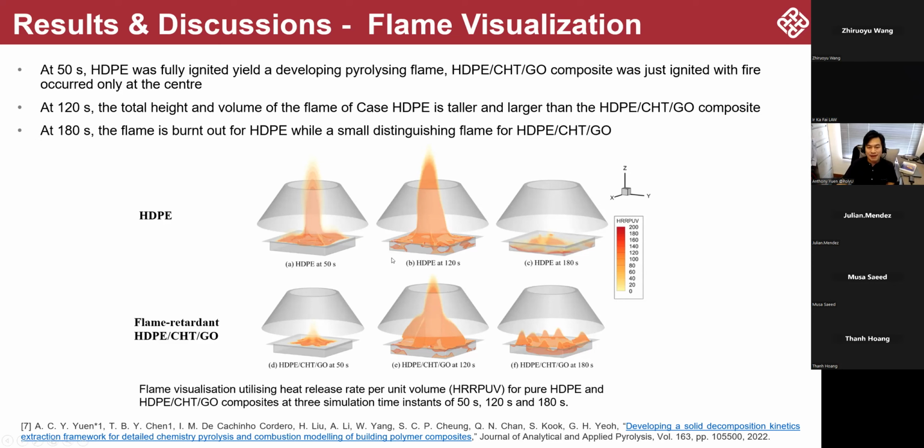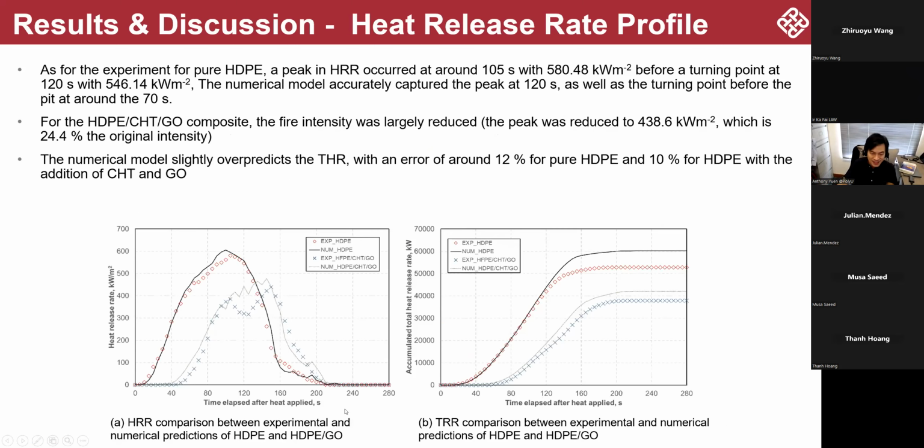But anyway, we find that the polyethylene will burn out quicker. You can see at 180 seconds it's almost totally burned away. Whereas if you put flame retardant into it, not only is the fire smaller, it takes longer to burn as well. And the heat release rate curve somewhat agrees with our finding, comparing the one with GO and without GO. And of course, you have a lot of heat reduction if we put graphite into the matrix, roughly around 24.4%.